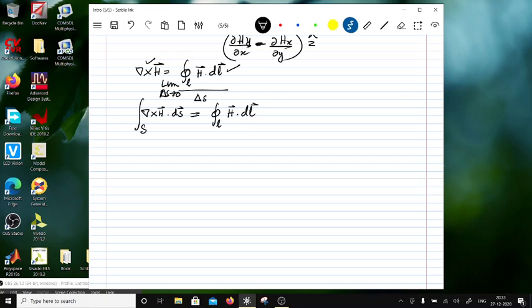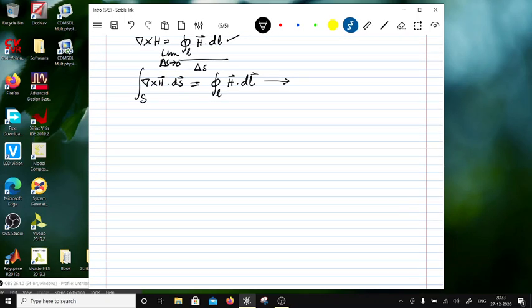So by moving from H to curl of H, we have reduced the dimension of the integral from 2 to 1. This is from Ostrogradsky. It is known as Stokes's law, but it is Ostrogradsky's law. So that is the definition of curl.